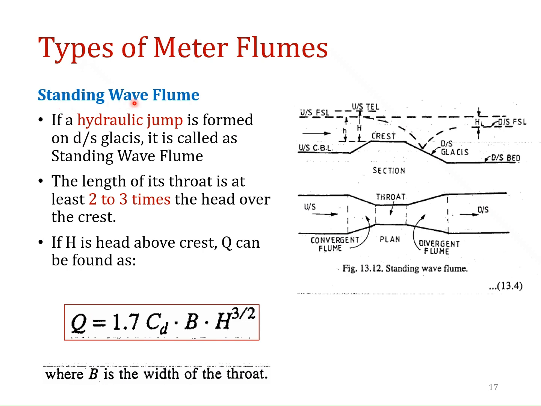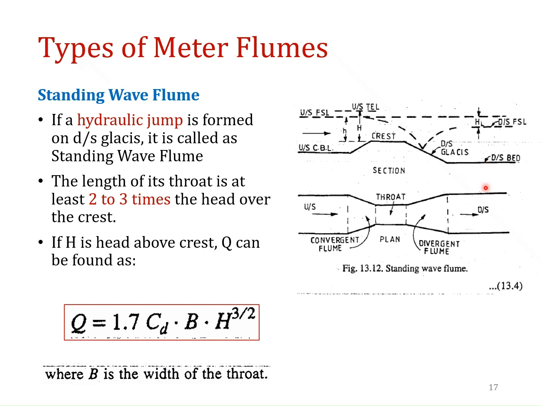The next one is standing wave flume. Now standing wave is the hydraulic jump. You see here the canal bed, and then you see this crest, downstream glacis, and when the water flows above this, right here the standing wave or the hydraulic jump is formed. Between the upstream full supply level and the downstream full supply level, there is some loss of head.